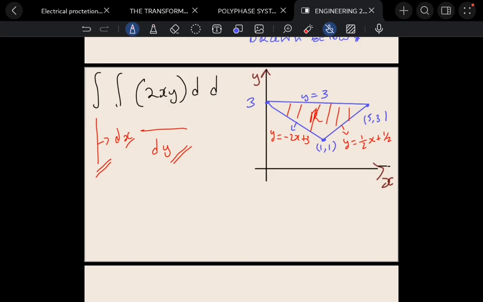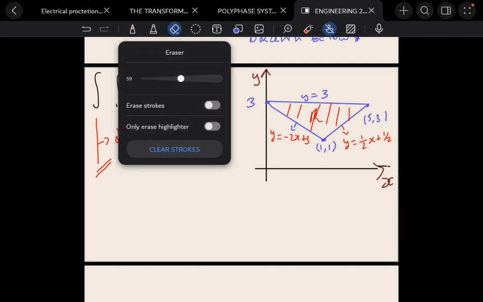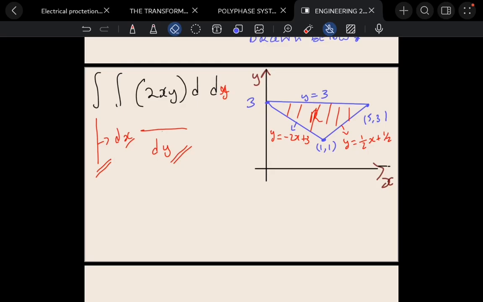Now, where is this vertical and horizontal line going to help us? It's going to help us to know whether I am ending with a dx or with a dy. Right?